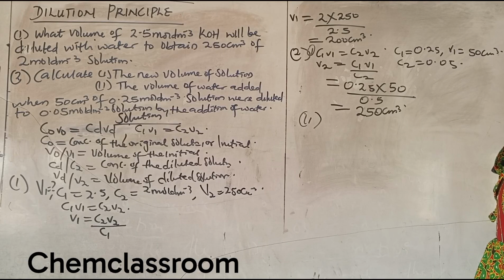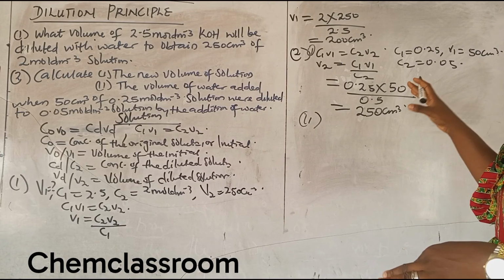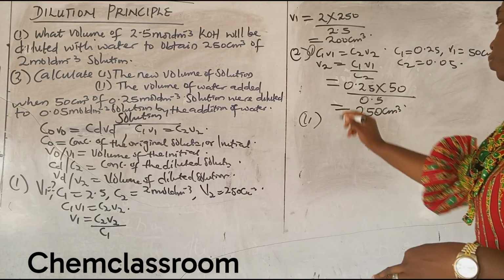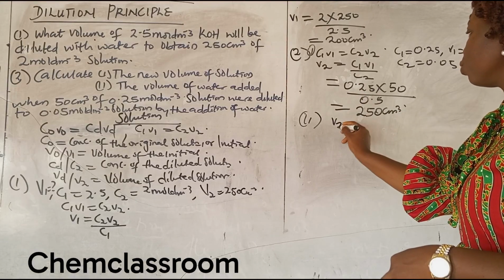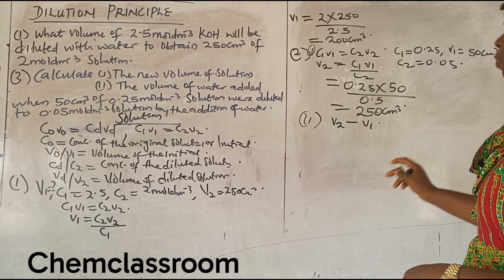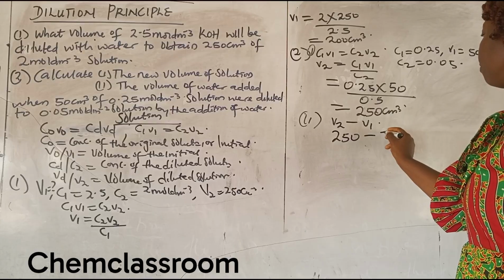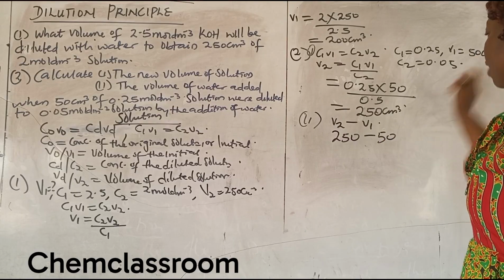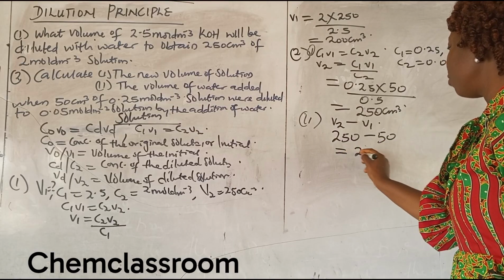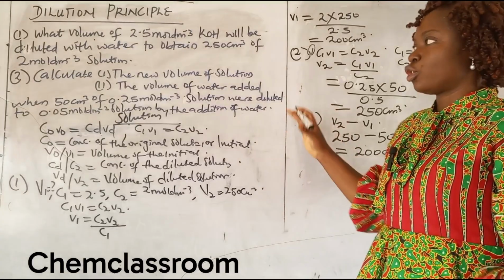So we are just going to subtract the first volume from the second volume, V2 minus V1. So we have 250 minus 50, which gives 200 cm³. So that is the solution for our question.